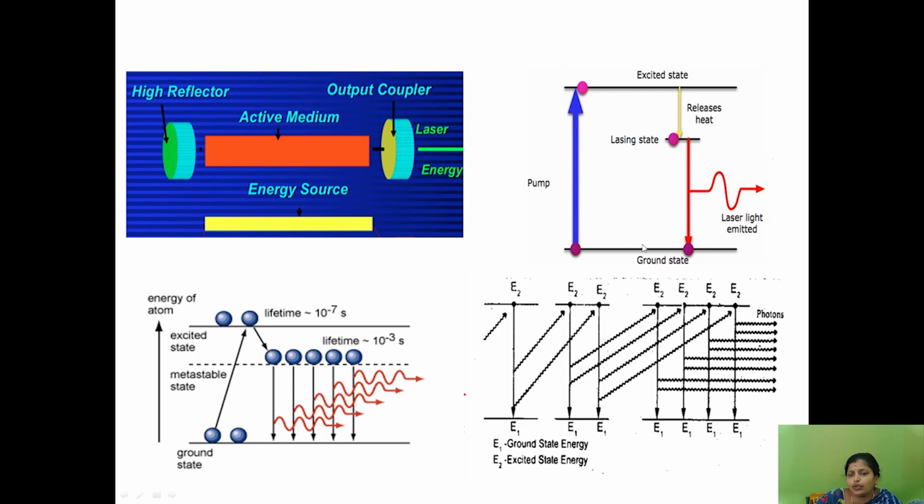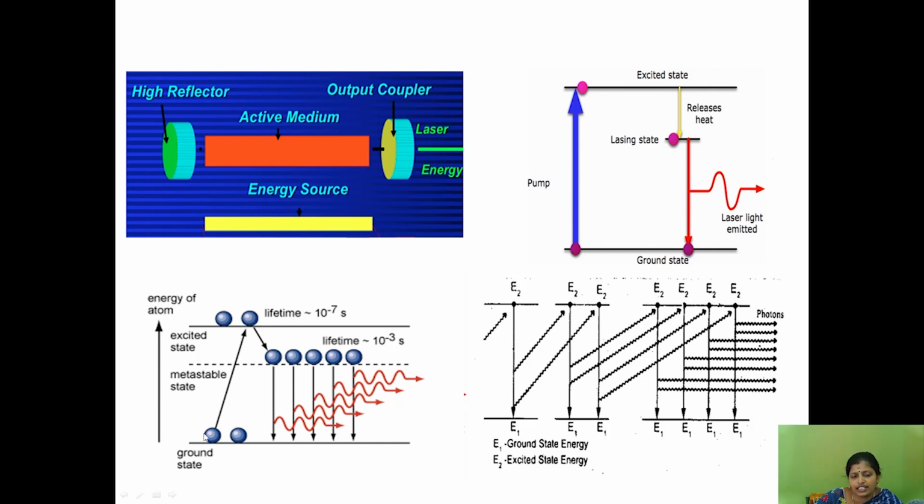In this Nd-YAG laser, you have to consider the metastable state. Excited state atoms return to the metastable state, and when they return from the metastable state to the ground state, laser beams are produced. This picture represents the laser action principle.